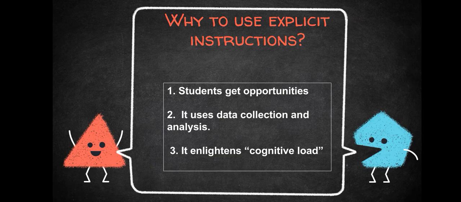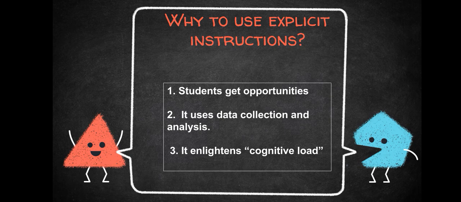So therefore, explicit instruction breaks up learning into smaller parts. This lightens the cognitive load, or how many resources a student needs to process information. A lighter cognitive load frees up working memory. So that's how important it is, because learning new skills requires a lot of working memory.